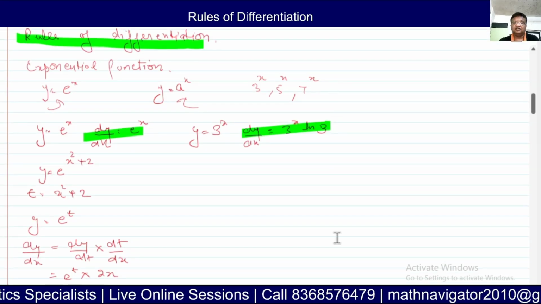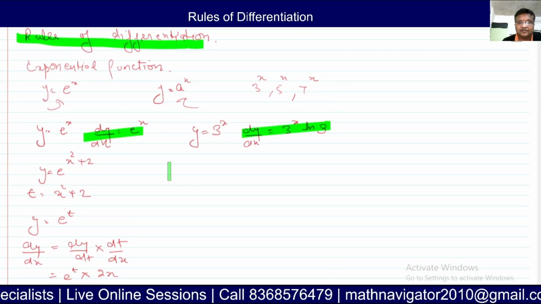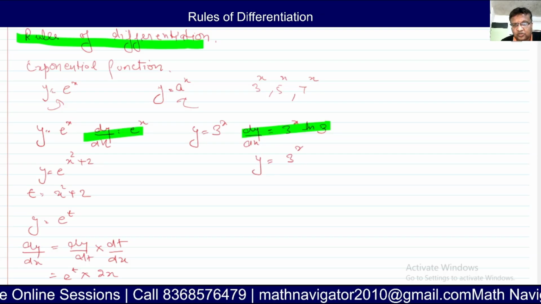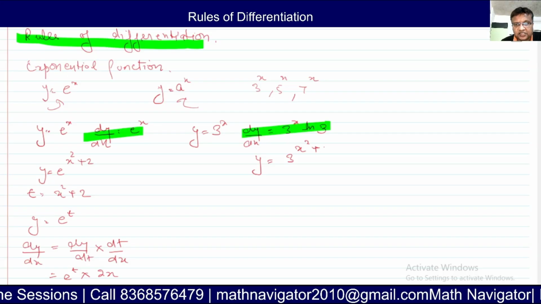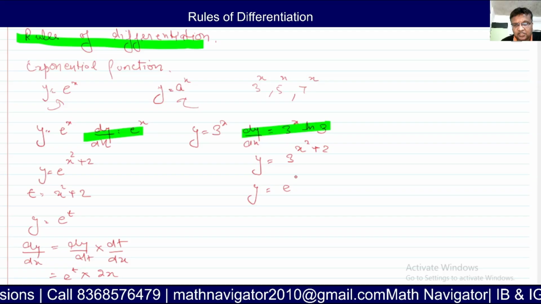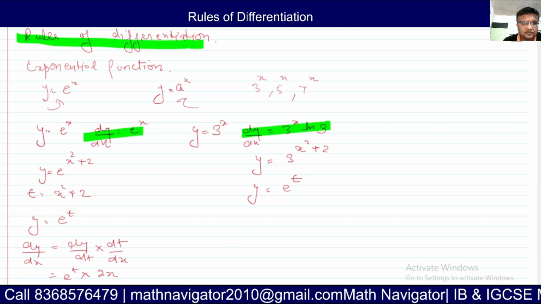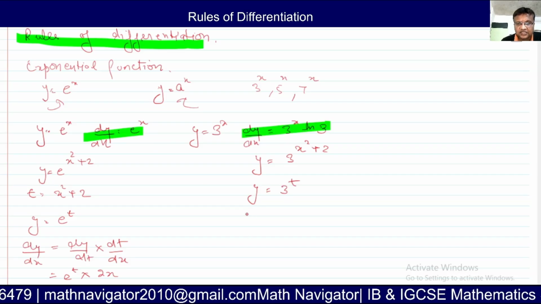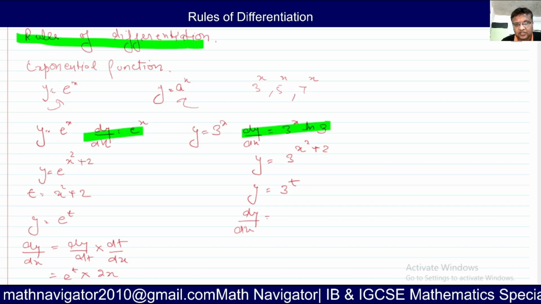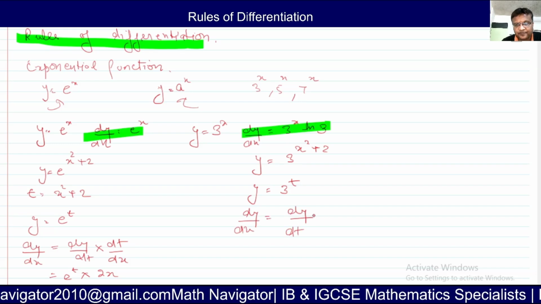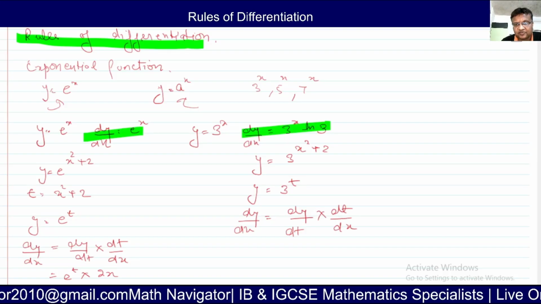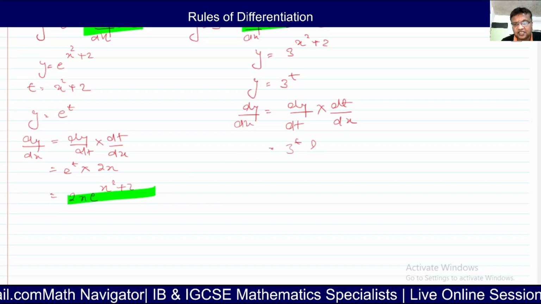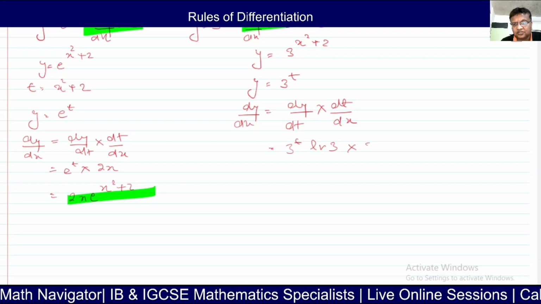And in the same way, this is true for, let's say, if I have y is equal to 3 raised to the power x squared plus 2. Now y is equal to 3 raised to the power t, and then we'll have dy by dx is equal to dy by dt times dt by dx, which will give me 3 raised to the power t ln 3 times 2x.